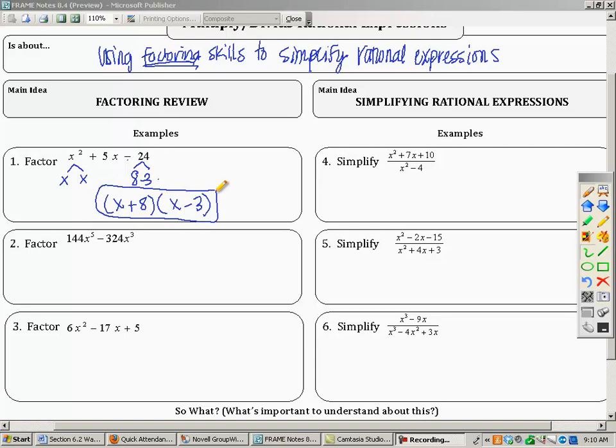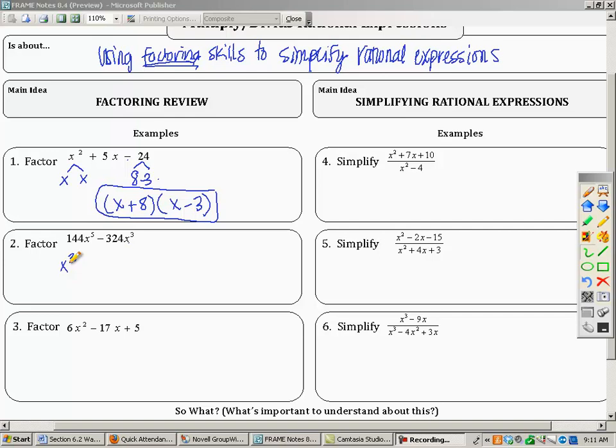For number 2, you'll notice we only have 2 terms, and when we only have 2 terms, we want to look for what's in common. First of all, I see that they each have at least 3 x's, so I'm going to take out an x cubed. But they also are both even, so I know a number can come out of them. I'm going to take a little time to figure out what number.